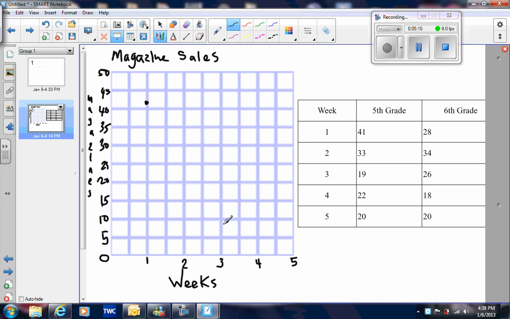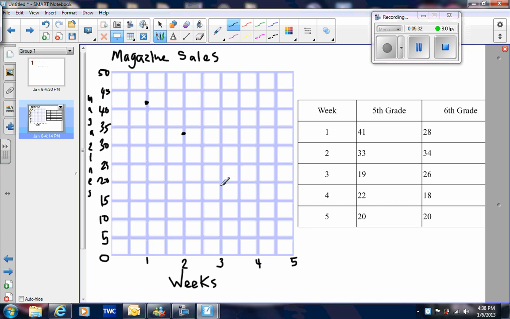Week 2 for 5th graders is 33. So I'm going to keep on going up here. This is 35, and this is 30. So I'm going to be a little bit more than halfway. Now I have 33. 19 is my 3rd week. So here's 25. That's too much.